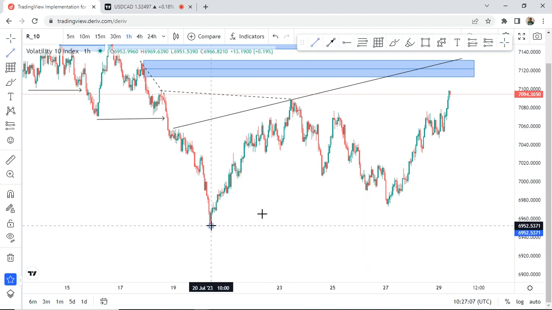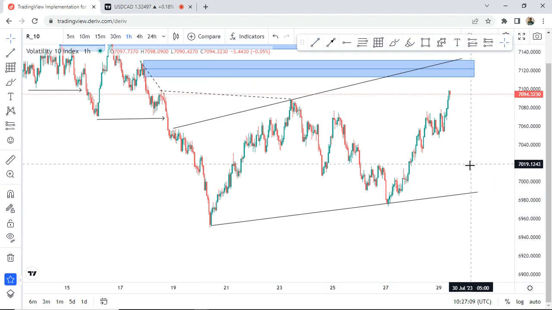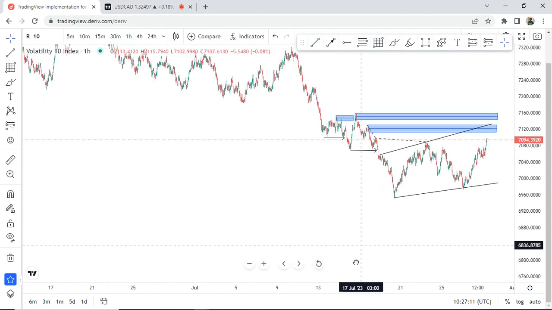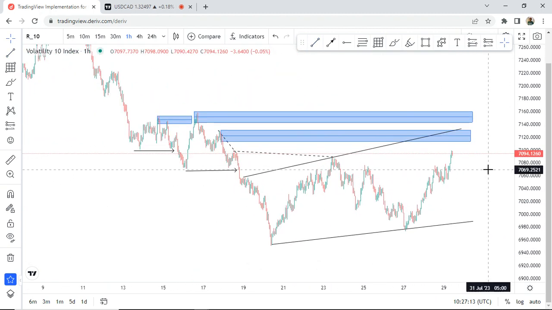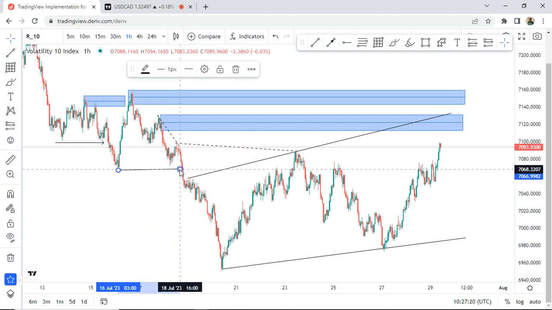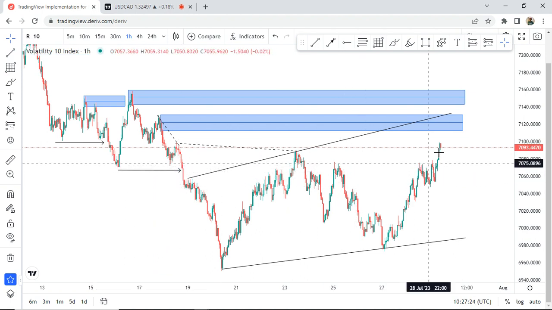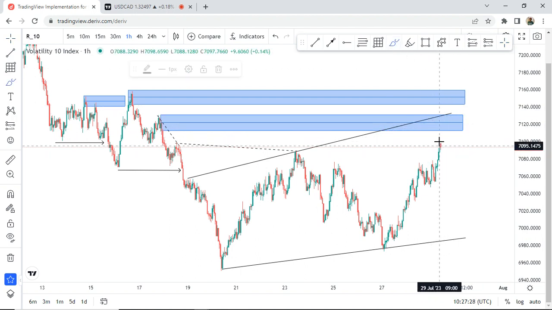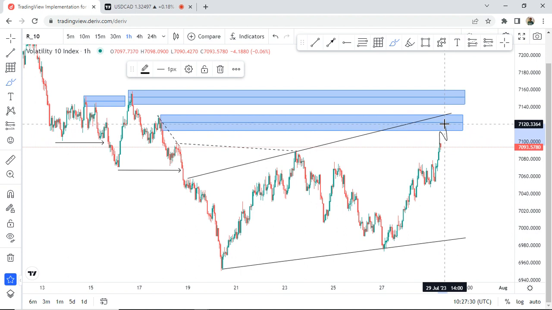I think the price is gonna give us something like this here. Still gonna push to the upside to mitigate our order block, and we will be looking at the way in which the market is gonna mitigate that order block. Remember that we're gonna be focusing on this order block only if the market is gonna mitigate it in a form of a reversal manner around here.